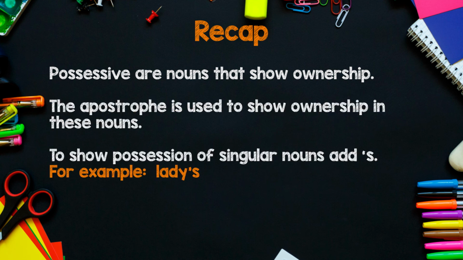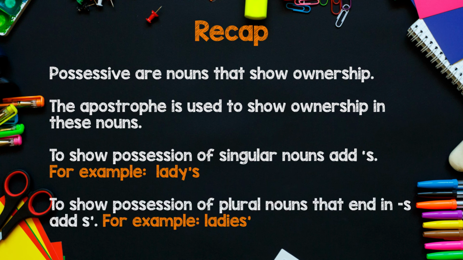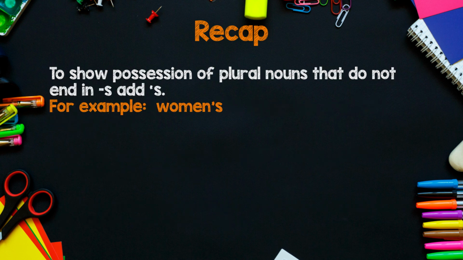To show ownership of singular nouns, add apostrophe S. For example, lady's, L-A-D-Y apostrophe S. Or, to show possession of plural nouns that end in S, add S apostrophe. For example, ladies', L-A-D-I-E-S apostrophe.